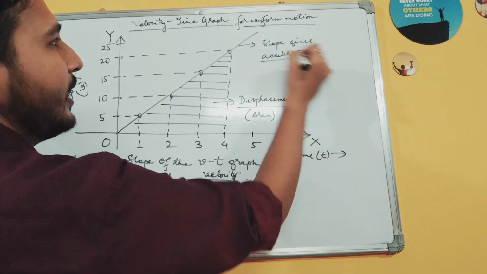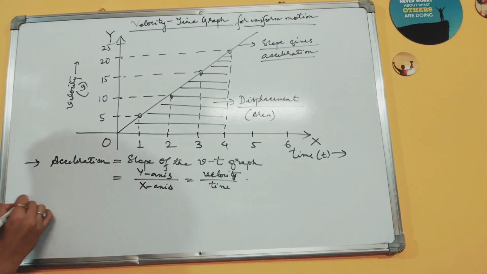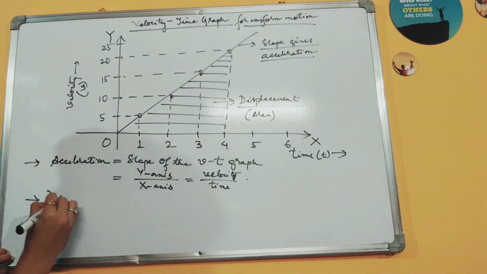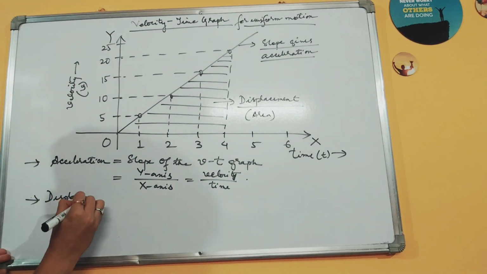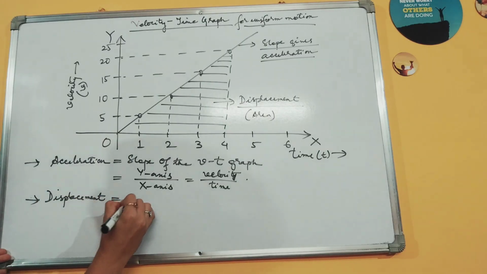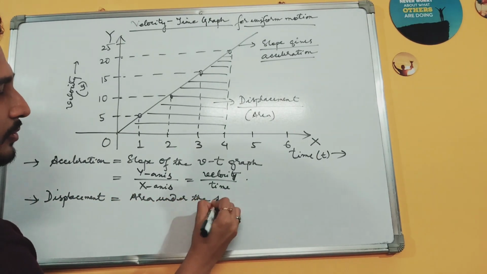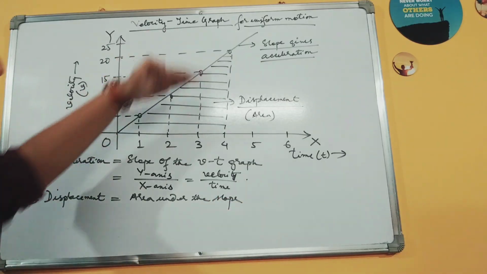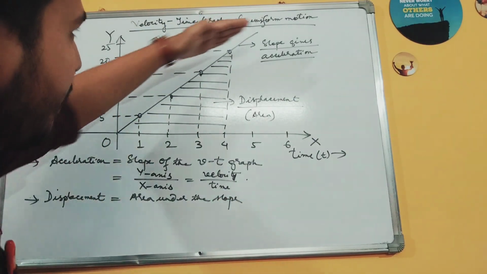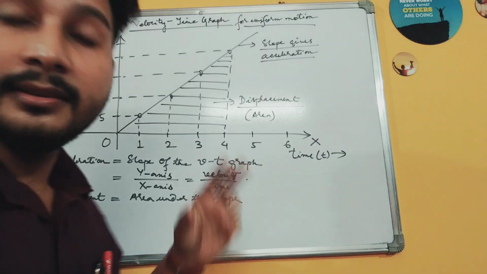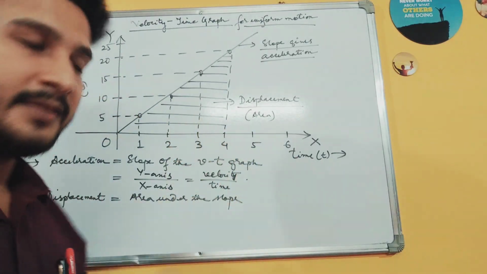And slope gives acceleration. So area, next is displacement. Area under the slope. ये एरिया जो है ना, इस स्लोप के नीचे, पूरा इस स्लोप के नीचे जो एरिया है ना, that part will give you the displacement.